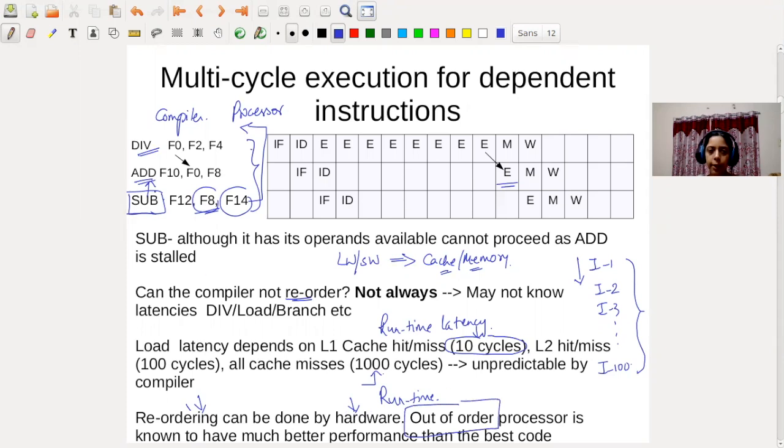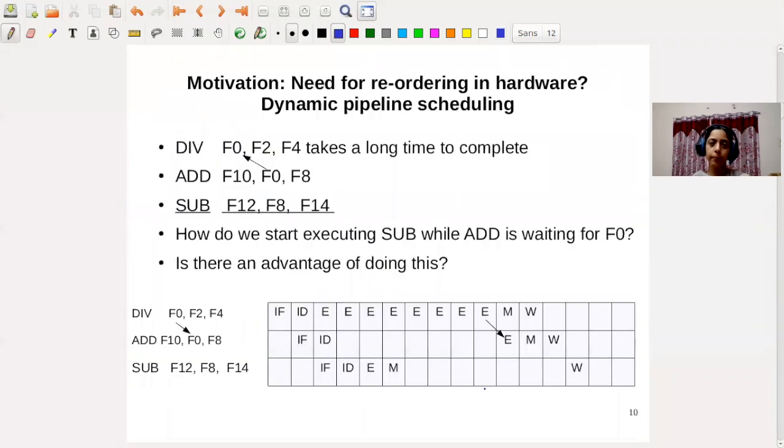So basically we can see sub and then we can start execution of sub ahead of add, and that is what is called as out of order processing or out of order execution, and that is said to have much better performance than the best code that a compiler can generate. So out of order processing is necessary and it has been used by most modern processors.